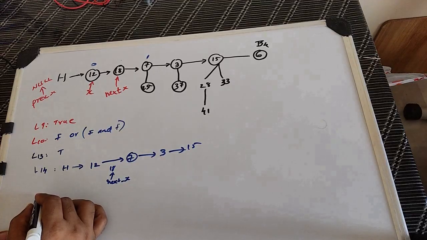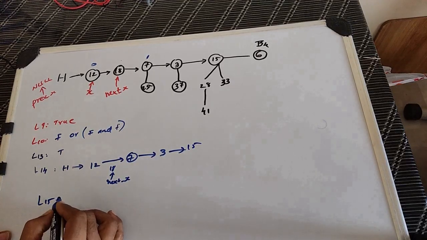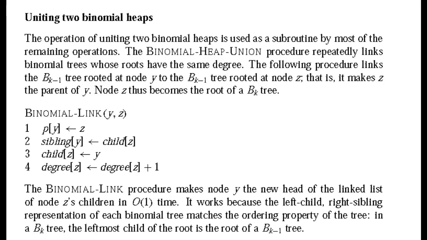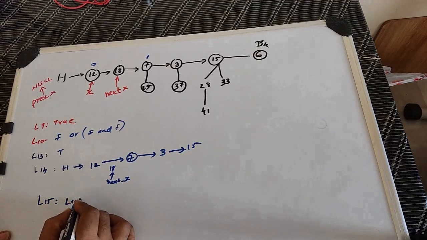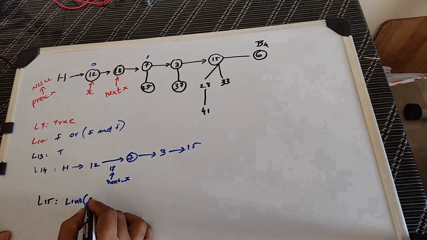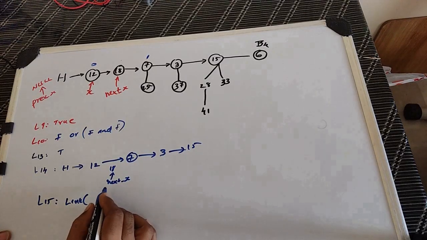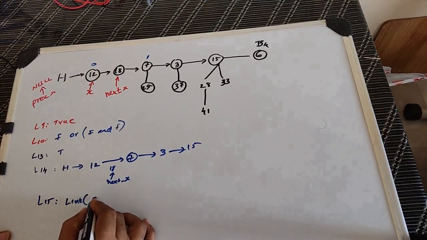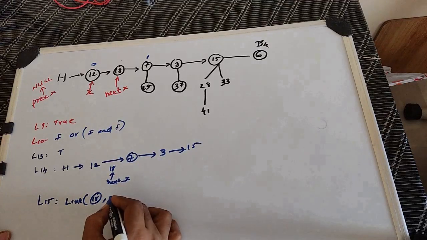Then L15, in L15, binomial link of the next x, the highest value, that is next x, that is node 18 comma node 12.